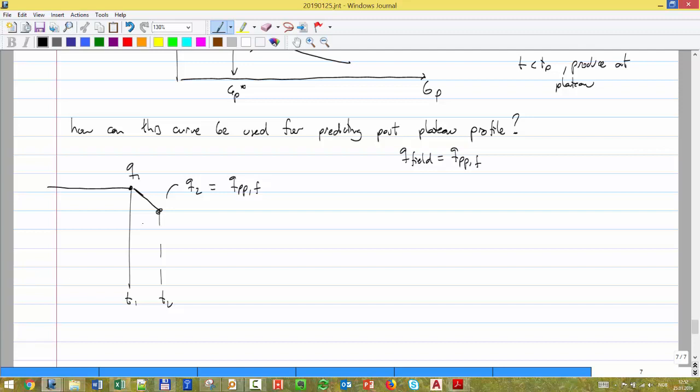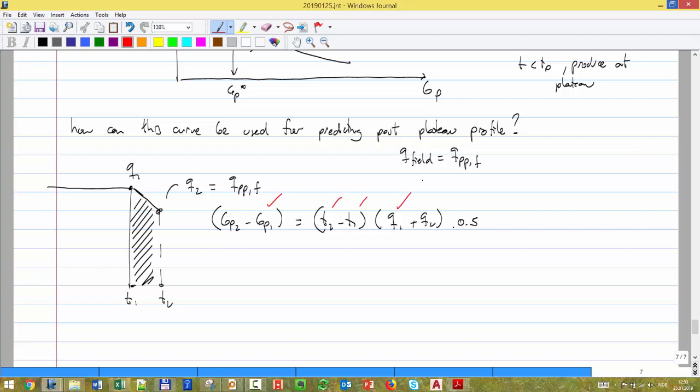I can approximate how much was produced here by saying T2 minus T1, times Q1 plus Q2, times 0.5. And here I say GP2 minus GP1. These two I have, with the step fixed to a year.